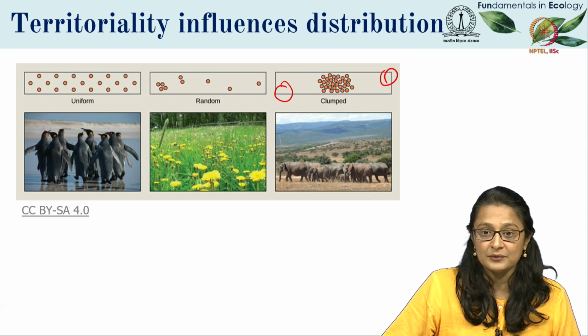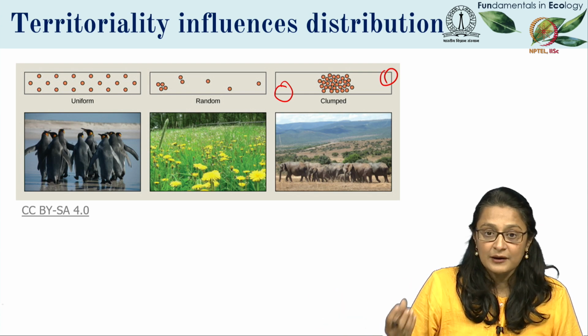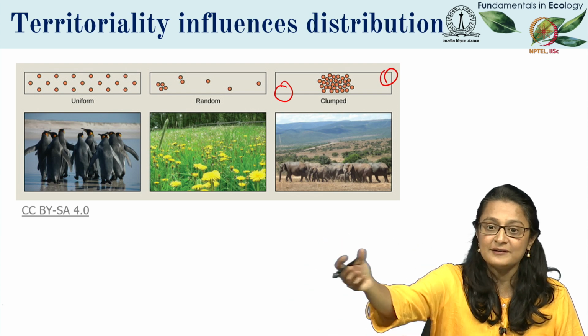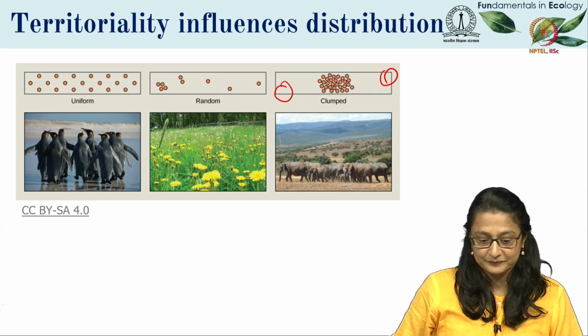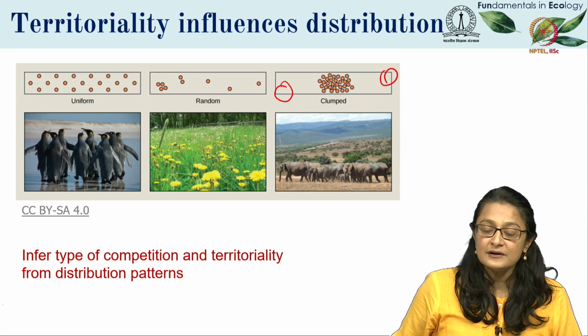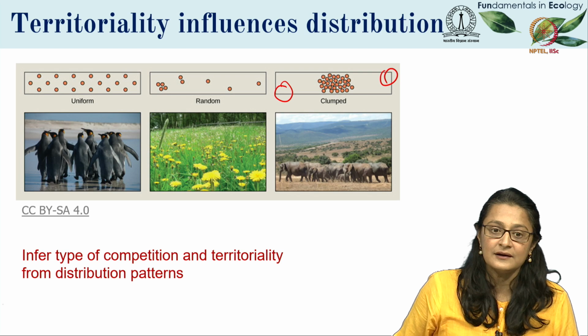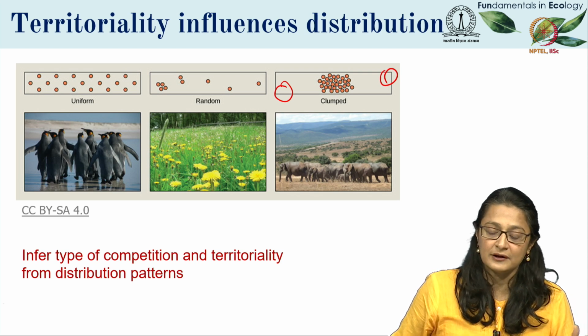Elephants are a good example, because elephants form family groups and so are found in clumps, but those clumps defend territories and are apart. So we can infer the type of competition and whether or not there's territoriality from distribution patterns of animals in the wild.